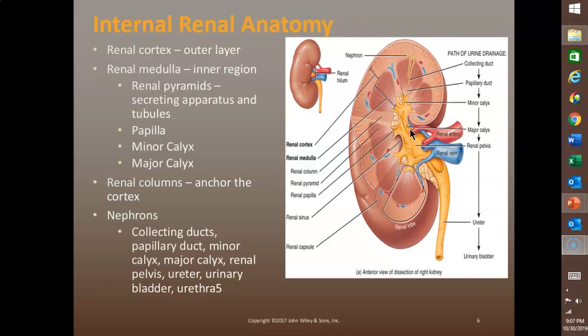Now all of your major calyces will merge to form an area that is enlarged. This is your renal pelvis. Your renal pelvis then exits the kidney at the hilum, the indented area, and becomes the ureter. Remember, the ureter is going to collect that filtrate, which has now become urine, and then fill the urinary bladder.